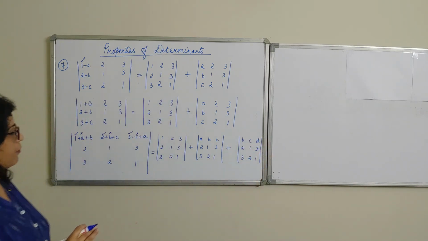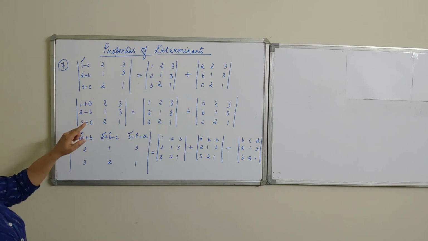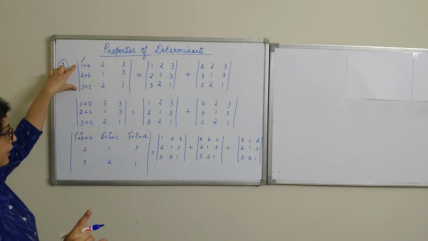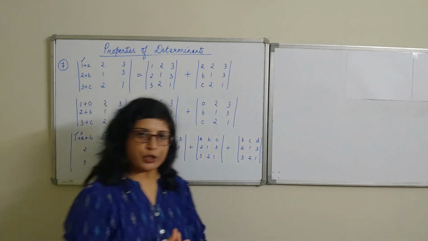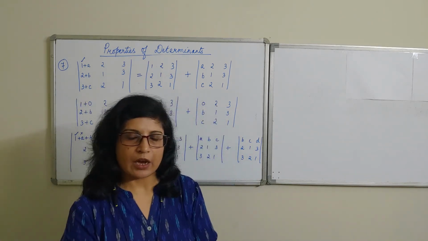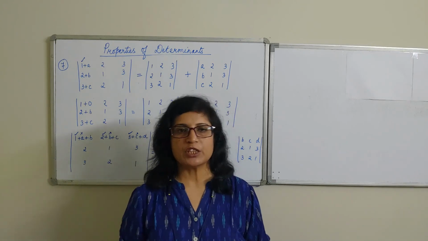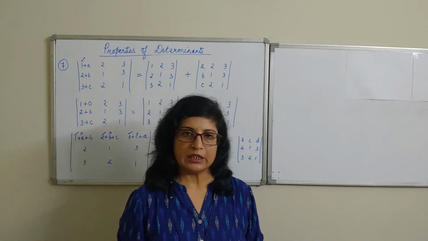Here it has to be remembered that this property can be used only for one row at a time or one column at a time. So these are some important properties of determinants, and now in the next class we shall be using these properties to evaluate the determinants.